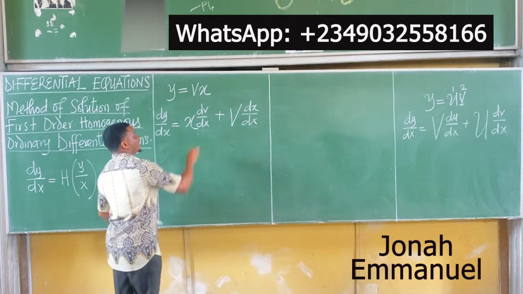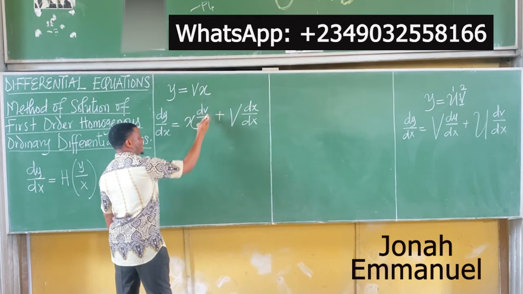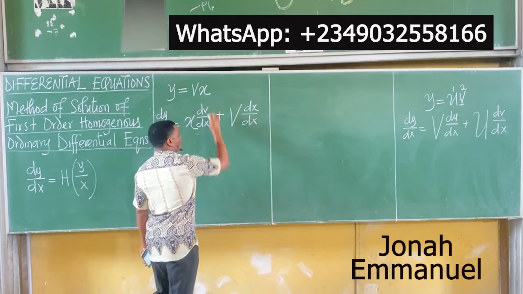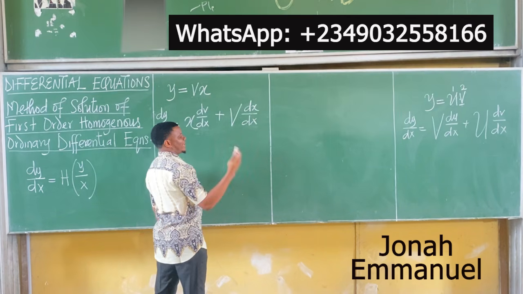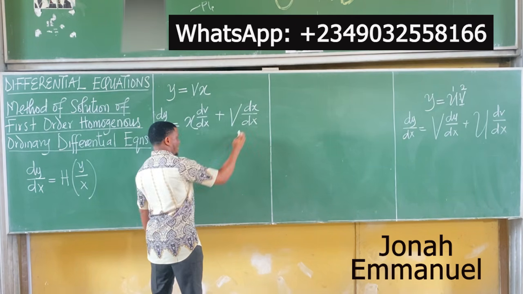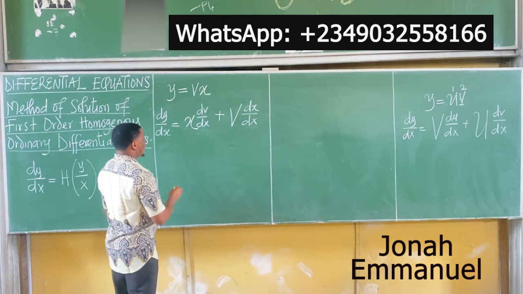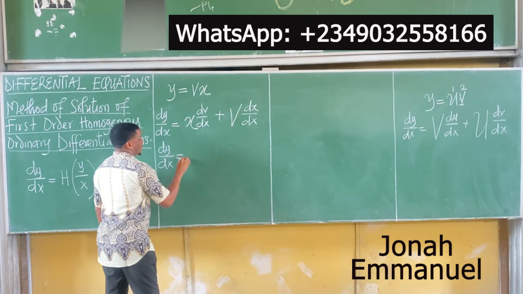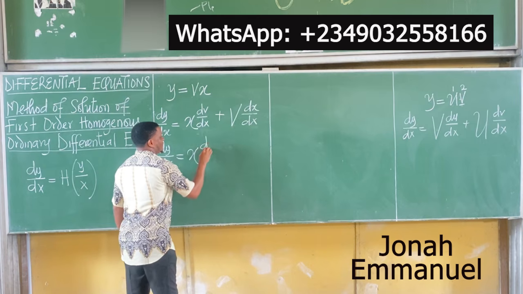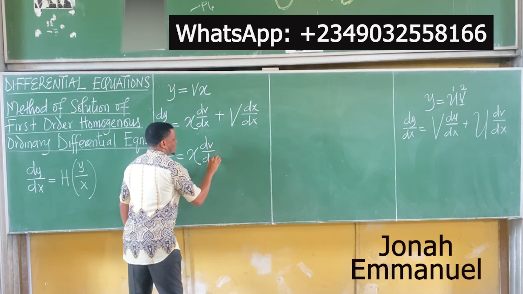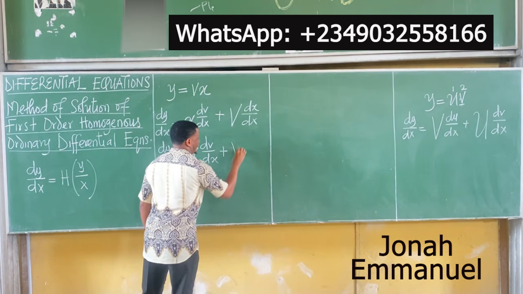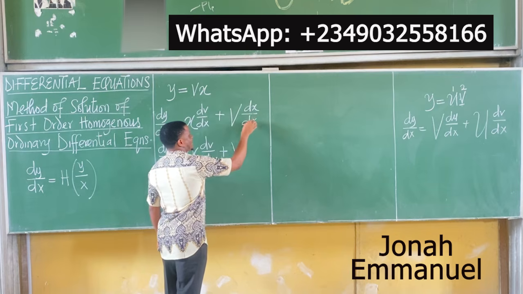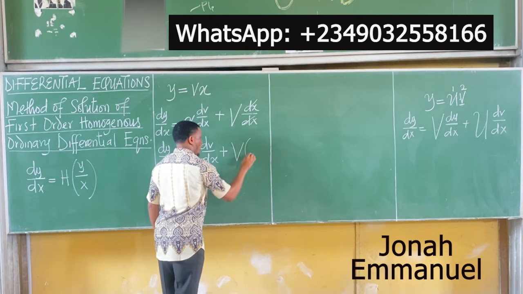When you have v with respect to x, you have dv/dx. When you have x with respect to x, you have dx/dx. So from here, you have that dy/dx is equal to x dv/dx plus v. Obviously, the x cancels out. You have what there? 1.